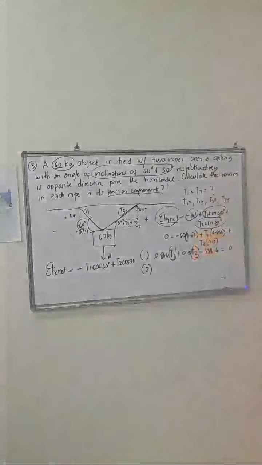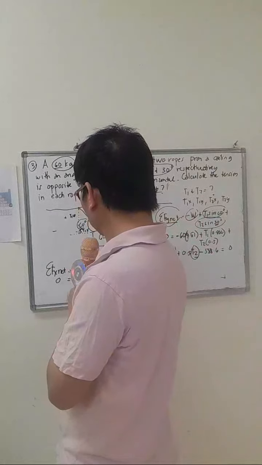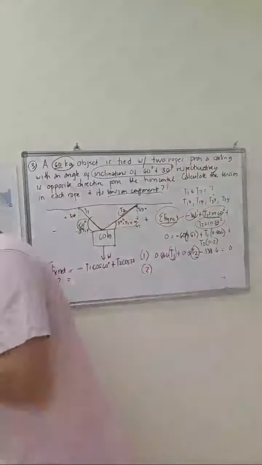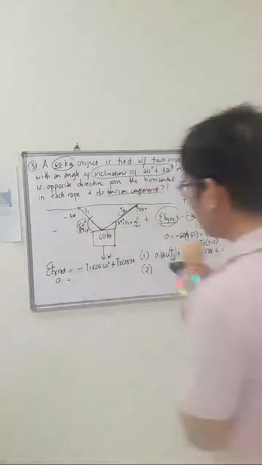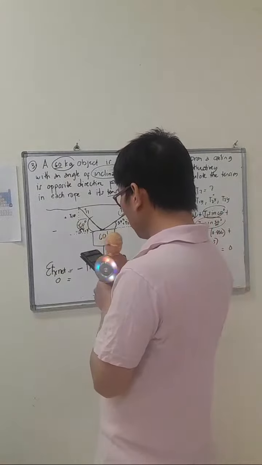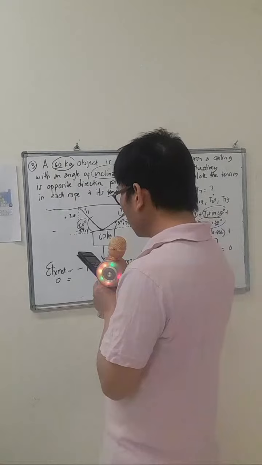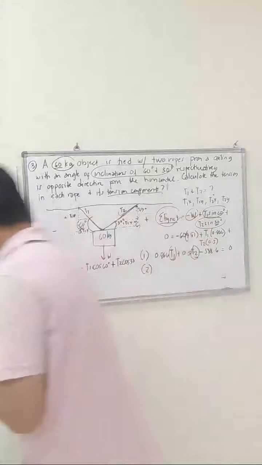Okay, so the sum of Fx is also 0, because you don't have acceleration, you don't have speed, you have no distance, you don't have time. So that's going to be the philosophy behind that. Cosine 60 is equal to 0.5.